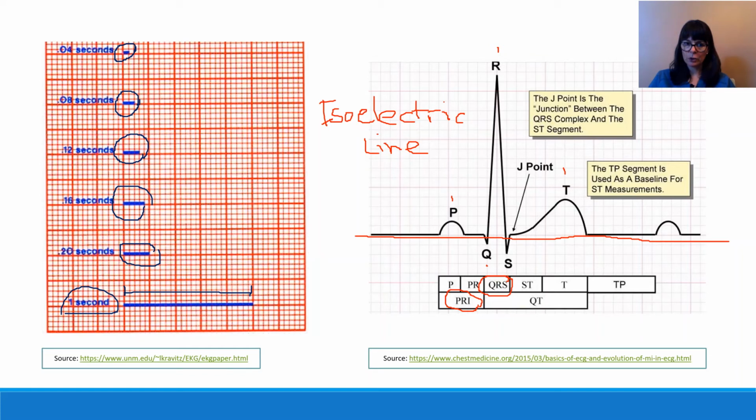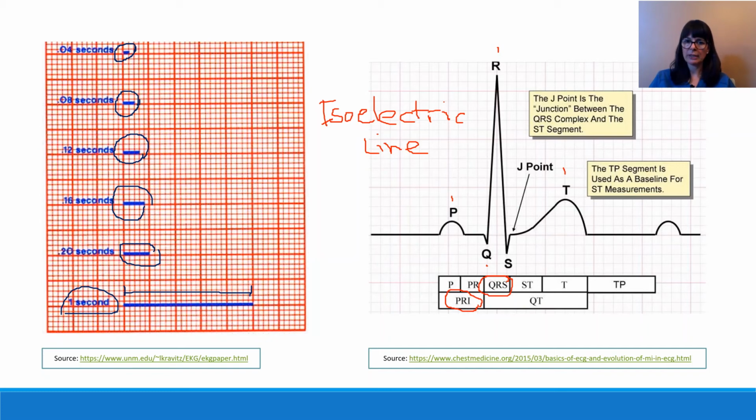And looking at the J point is super important because when we're looking at this ST segment, we're looking at ventricular damage or ischemia or infarction, which I'll be explaining a little bit more in the following video.